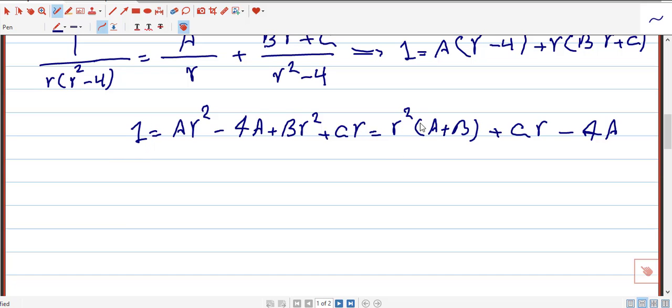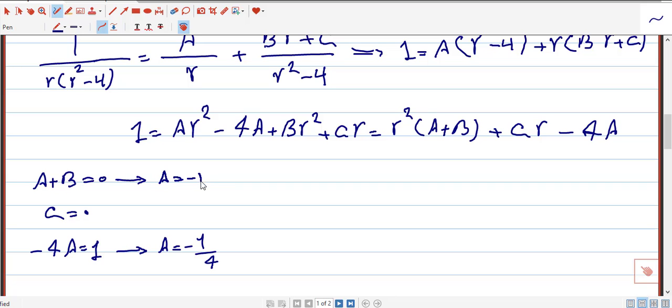This side we have 1, and on the right side we have this expression. So we are going to compare the two sides and write a plus b equal to 0, c equal to 0, and minus 4a equal to 1. So a equal to minus 1 over 4, and a equal to minus b, so b equal to 1 over 4, and also c equal to 0.